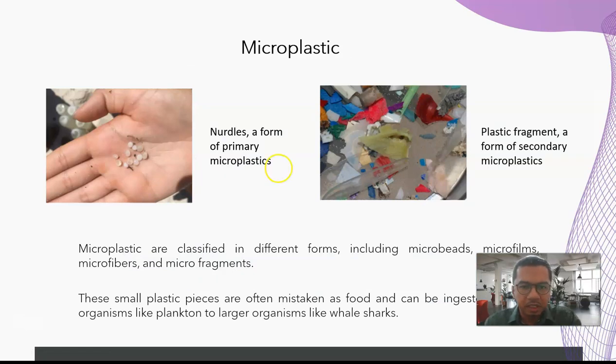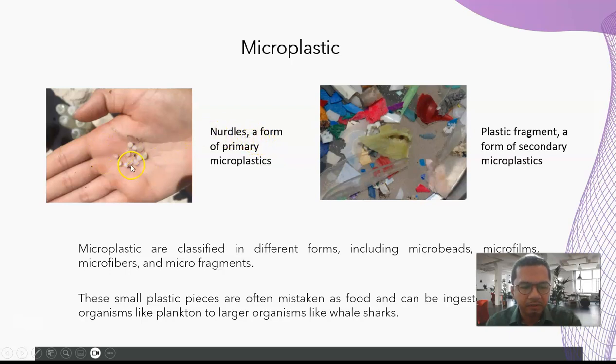So microplastic is a hot topic at the moment, with various research done on microplastic contamination. Basically, microplastics have two forms.